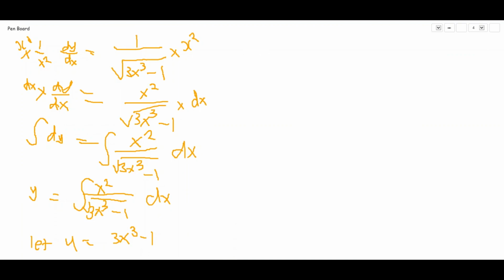Then we have y equals the integral of x squared root of u dx. Then du over dx is 9x squared. From there we have to look for dx. dx is equal to du divided by 9x squared.